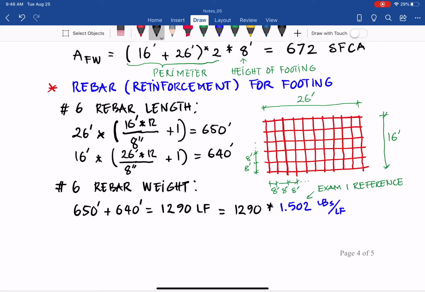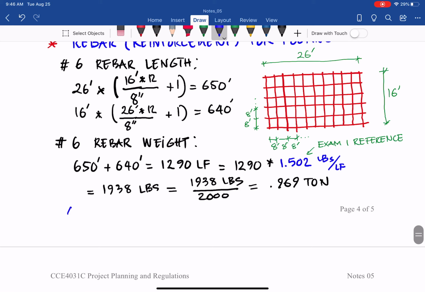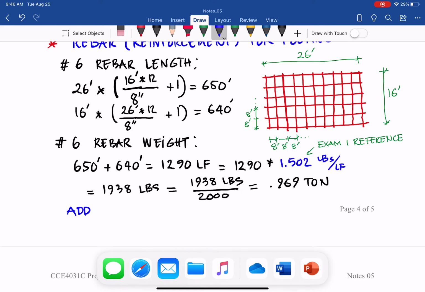So from that we have the weight is 1938 pounds, and we want tons, so you have 1938 pounds divided by 2000 pounds per ton, so you will get 0.969 ton. And we consider waste, so let's add some percentage.